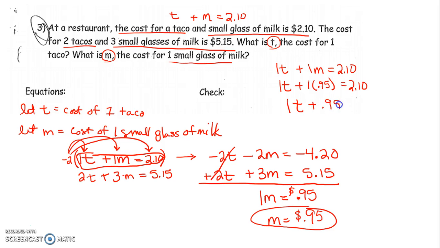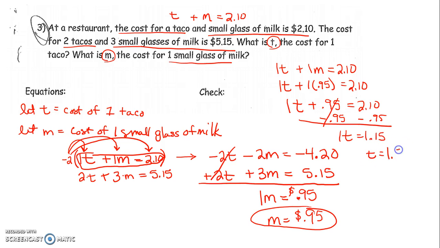Oh, that's still 95 cents equals 210. I'm going to subtract off 95 cents on each side. And what's 210 minus 95 cents? 210 minus 95 cents is $1.15. So one taco must be $1.15.